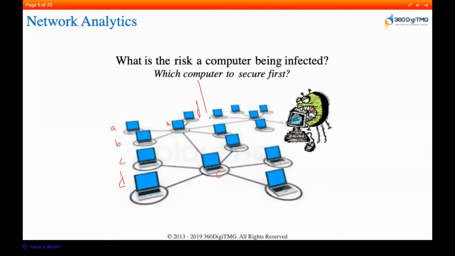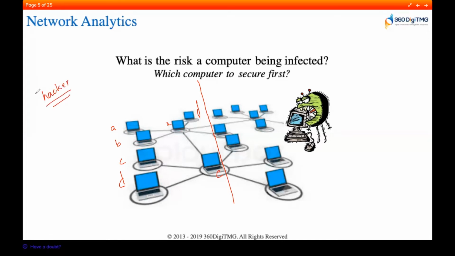Let us take this half part now. So which computer is connected to the most computers here, right? Let's say there is a team of hackers here.